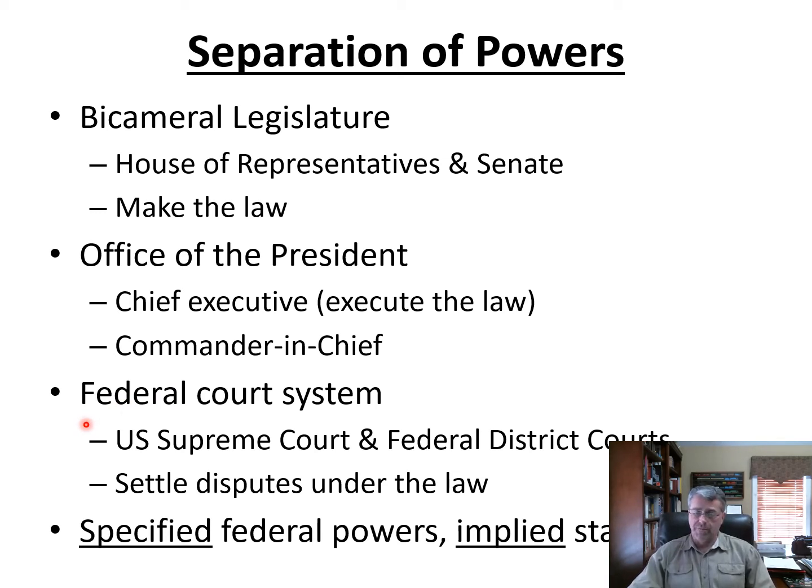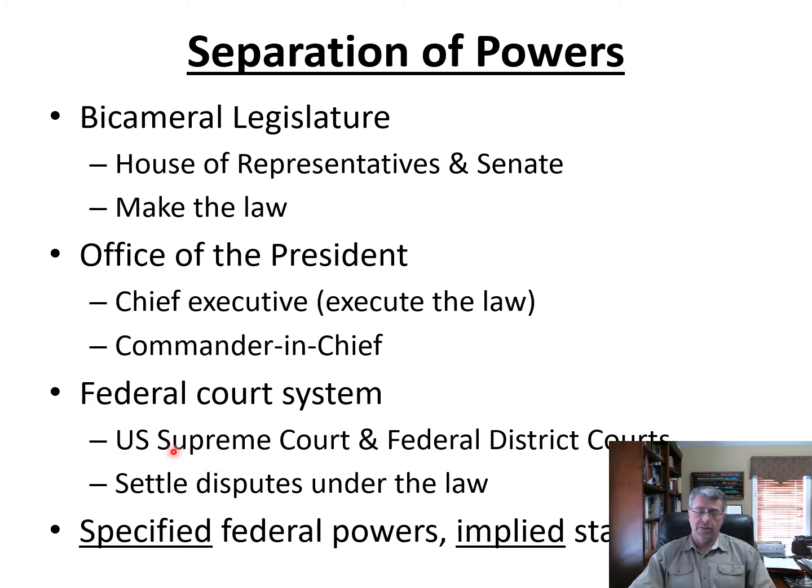And finally, our third piece, which also did not exist at the federal level previously, is a federal court system. And this is going to be broken down into a system of federal district courts and a U.S. Supreme Court. So there's two levels of courts here. And basically there'll be a federal district court, one in each of the 13 states, so that if there's any disputes under the law regarding the Constitution, a federal district court can hear those disputes, and if they can't decide it, then it will go on up to the one U.S. Supreme Court.